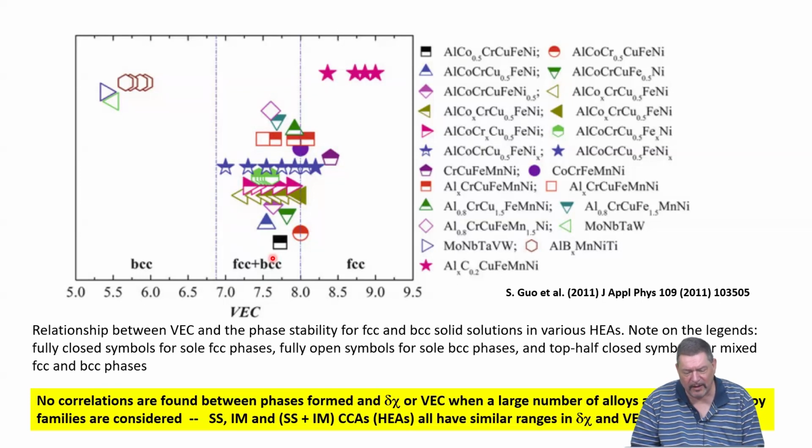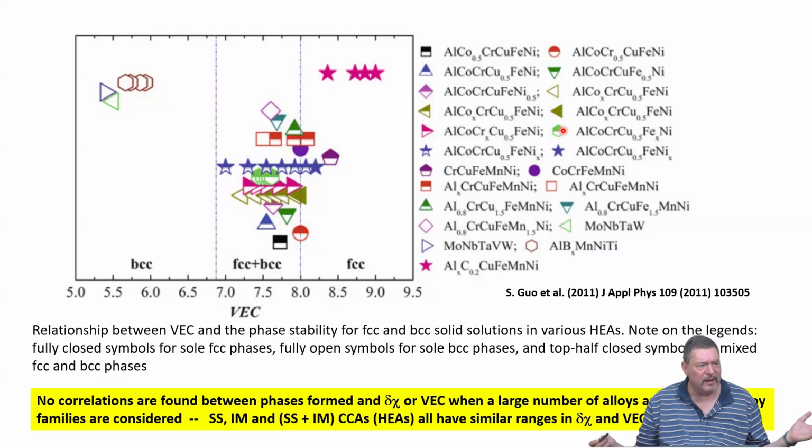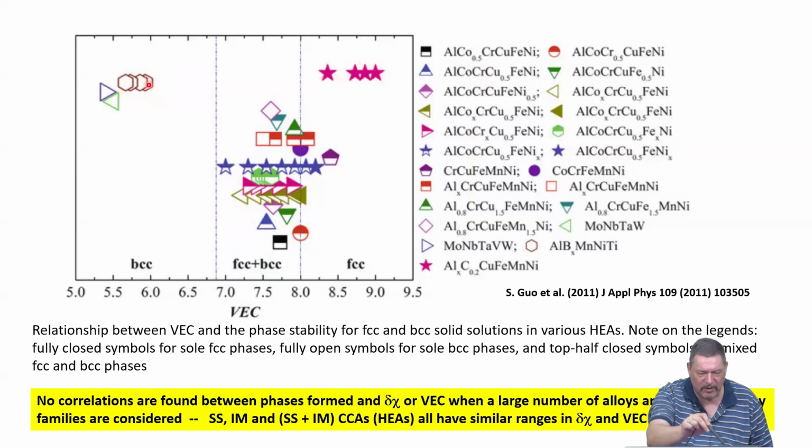If you look at it, these are rather similar systems. So this is not displaying all kinds of families of high entropy systems, but just different compositional variations in a few families only. And still one can say that with the exception of maybe two or so, all of them are not really showing distinct behavior.